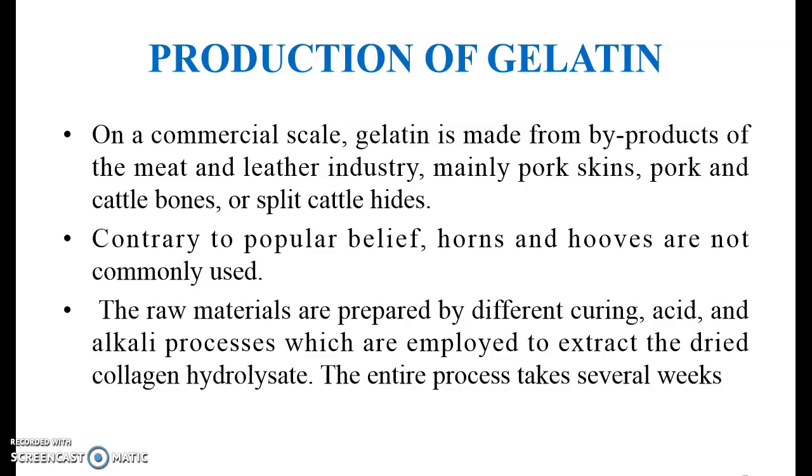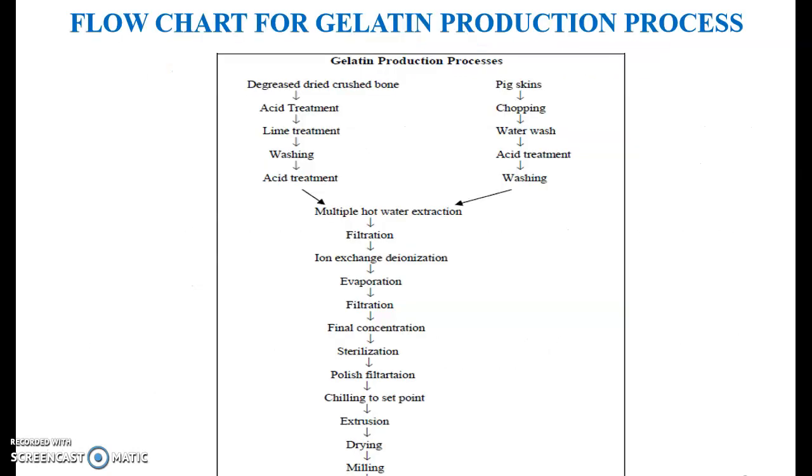Gelatin is made from the byproducts of the meat and leather industry, mainly pork skin, pork and cattle bones, and hide portions of the cattle. The raw materials are prepared by different curing, acid and alkaline processes which are employed to extract the dried collagen hydrolysate, and the entire process takes about several weeks.